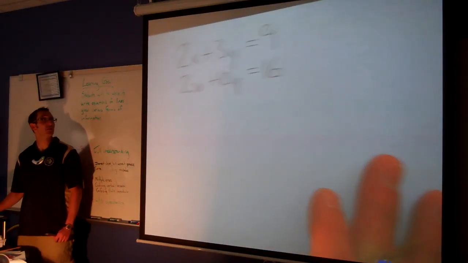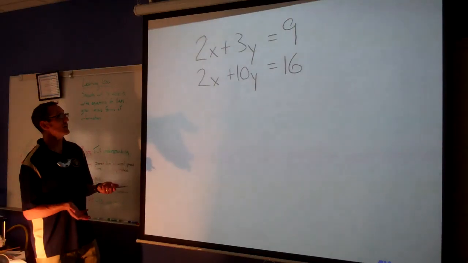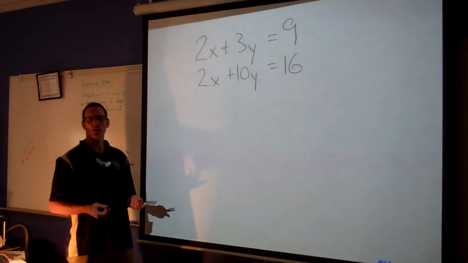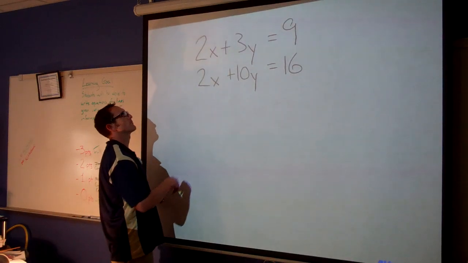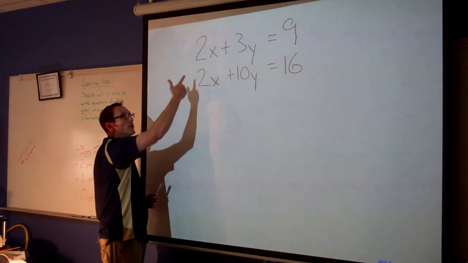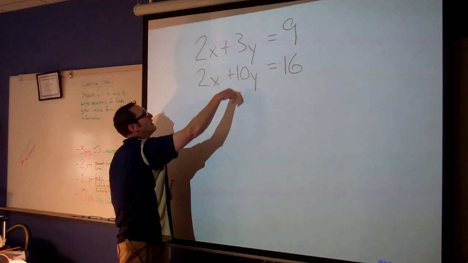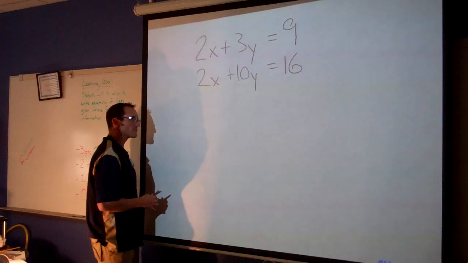And when you see two equations, you have to ask, if you can't use substitution, x is not by itself, y is not by itself, can we use elimination? Can we add straight down so that a variable will cancel? If we add straight down, will the two x's cancel? No. 2 plus 2 is 4. That wouldn't cancel. Would the y's cancel? No. 3 and 10 is 13.